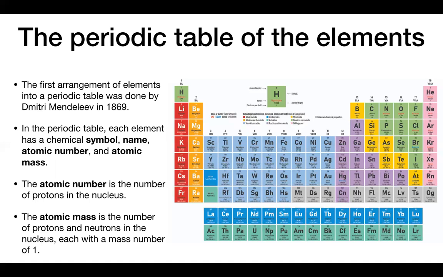Among the 118 known elements, the heaviest are created in high-energy particle accelerators. They are unstable and decay rapidly. The heaviest naturally occurring element is uranium, atomic number 92.